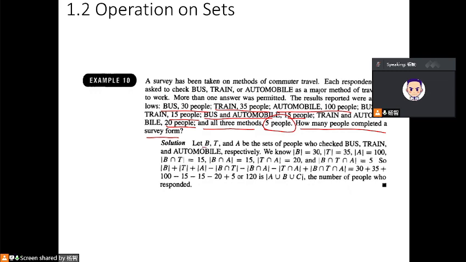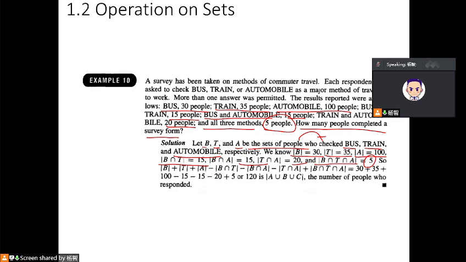Let B, T, A be the sets of people who check bus, train, and automobile. From the content of example 10, we know that the cardinality of B is 13, of T is 35, and of A is 100. The intersections are 12 for B and T, 15, 20, and 5 people take bus, train, and also drive a car.